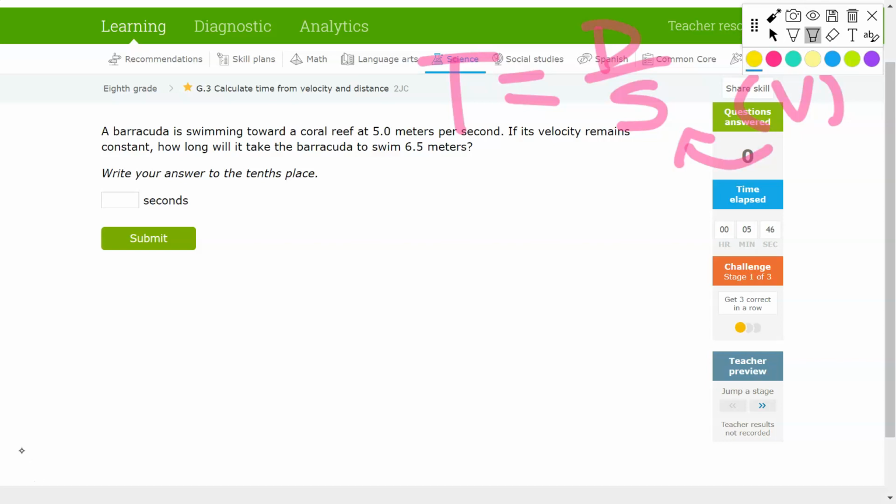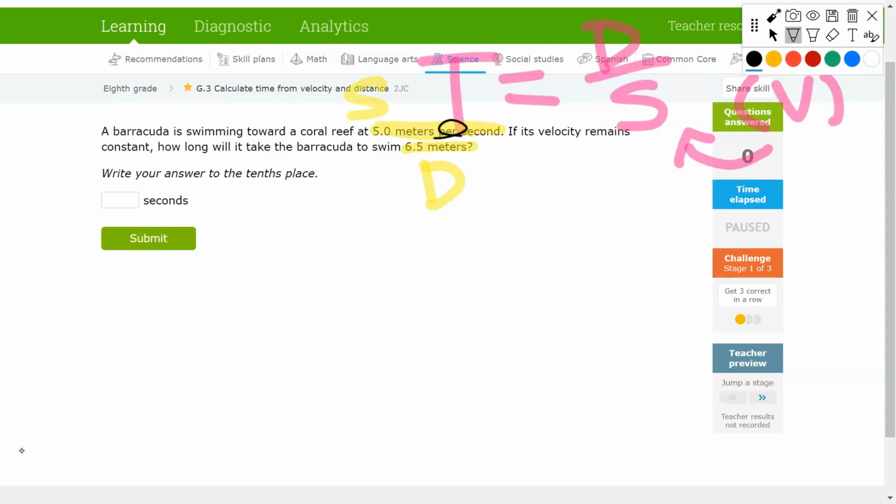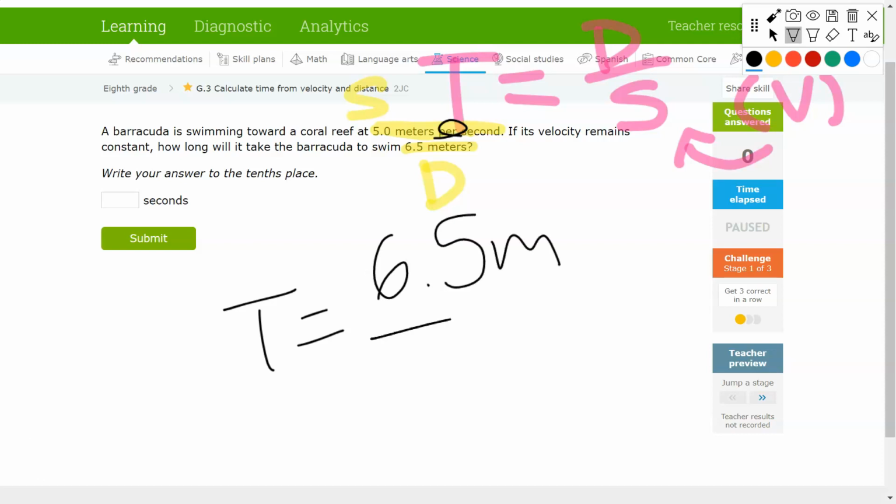So let's get started. 5.0 meters per second, that is a unit of speed because of the word per. And then you have the 6.5 meters, that is your unit of distance. Okay, so you are going to do time is equal to 6.5 meters, and you're going to divide that by 5.0 meters per second.